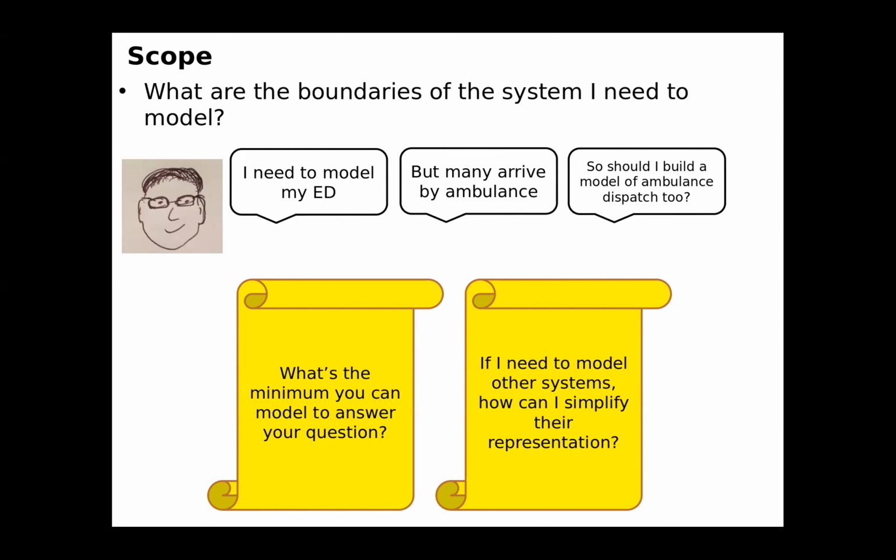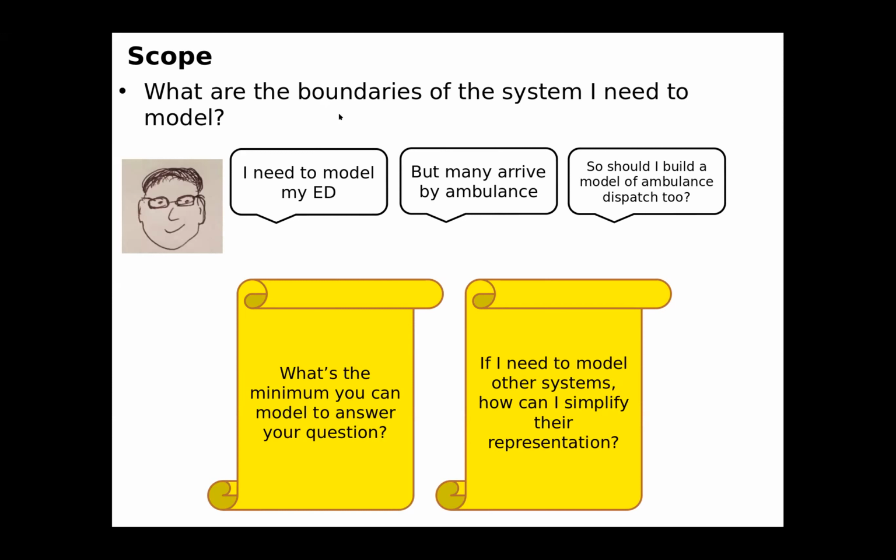Every model is a simplification of the real world, and there will be things about it that are wrong. The more you put in there, the more wrong you can potentially be. So you're always trying to look at, basically, what's the simplest model that I can build that will allow me to sufficiently answer this question.